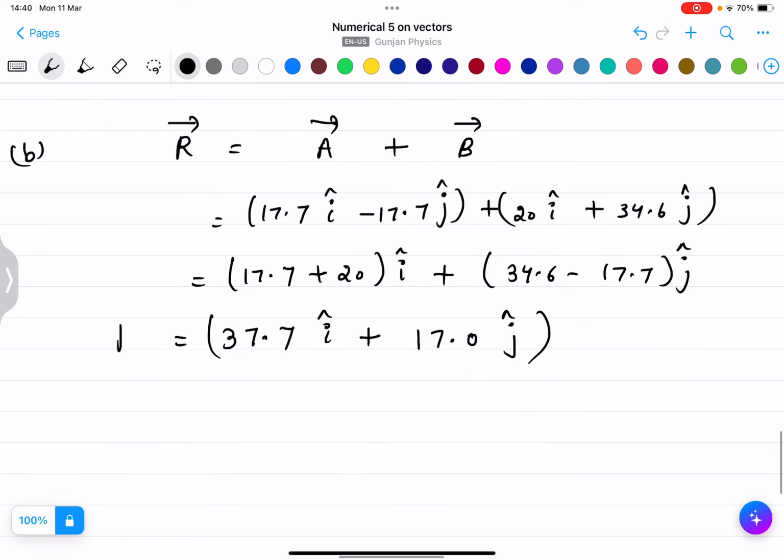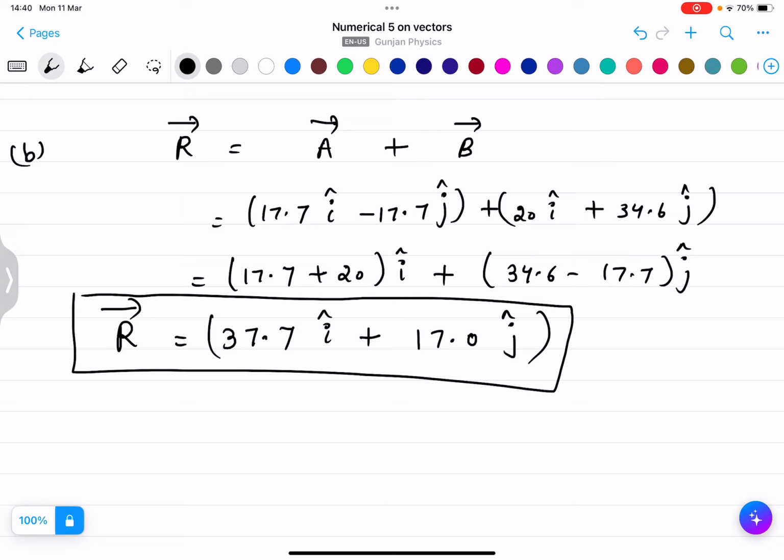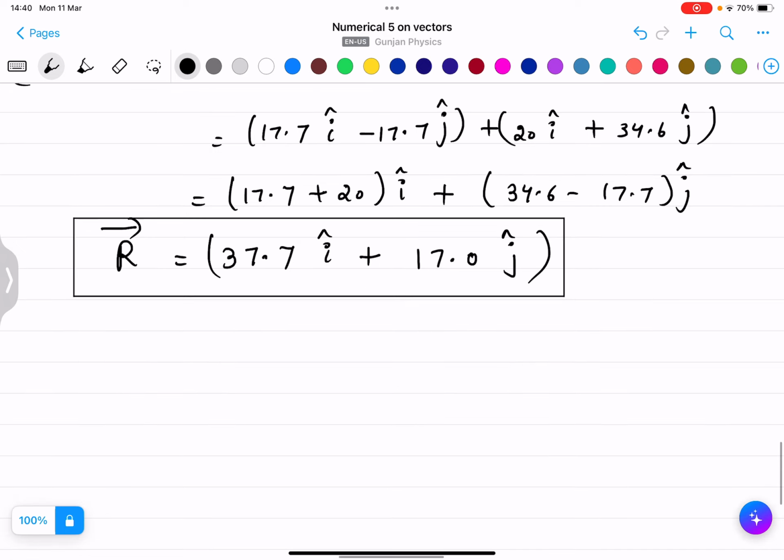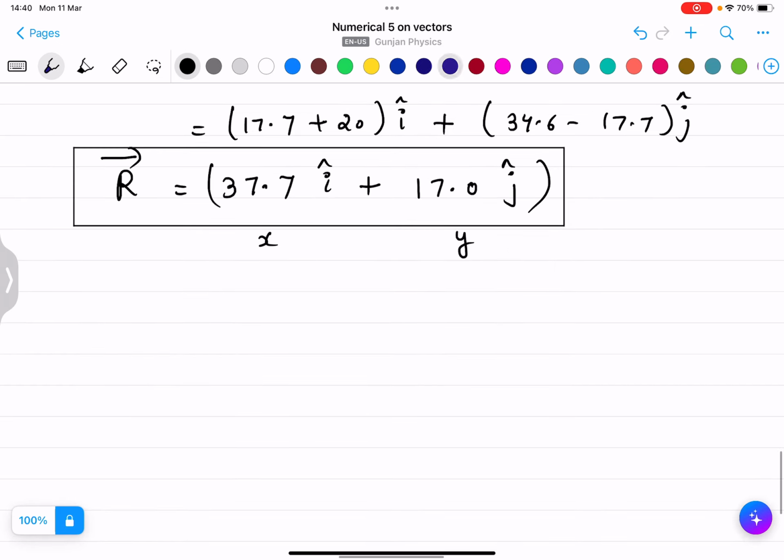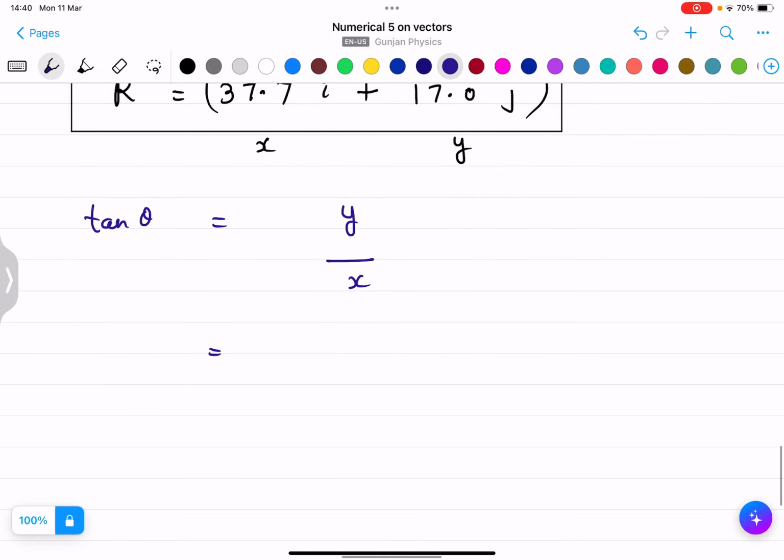So this is my R vector, right? So 37.7 is the X component and this is the Y component. Now if I need to find tan theta, you all know tan theta equals Y upon X. So what is Y here? 17.